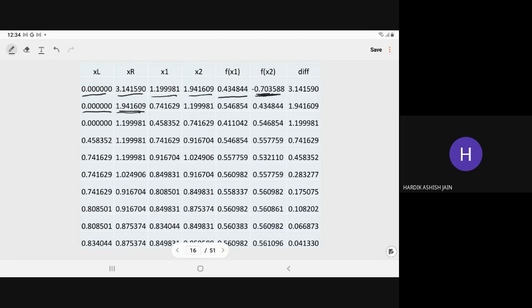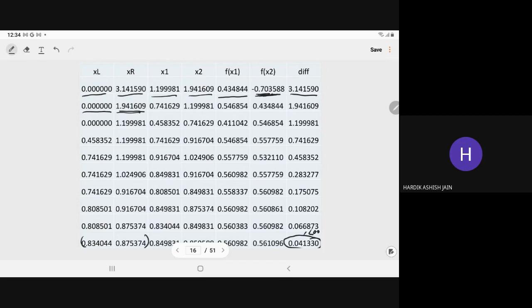Here you can see the difference of the interval is 3.14, and here the difference is 0.05, which is less than 0.05, so we will stop here, and the middle point of this interval will be the optimum point.